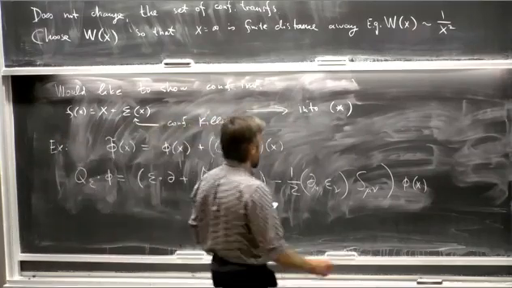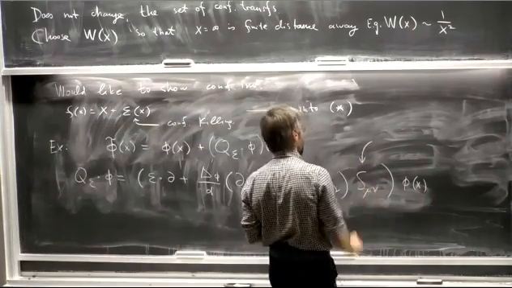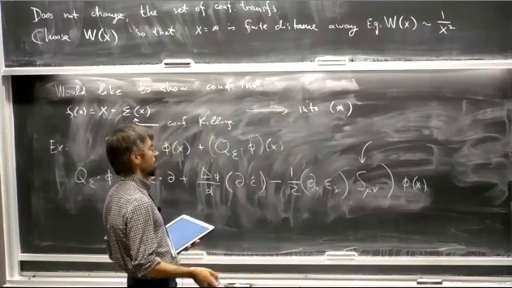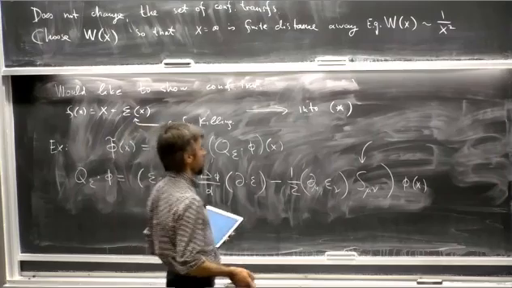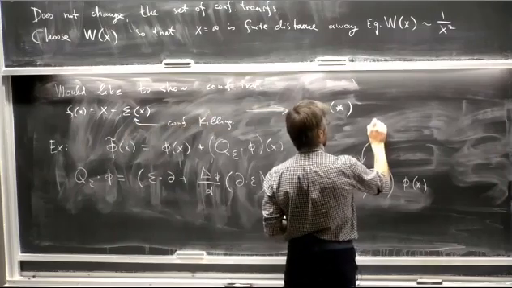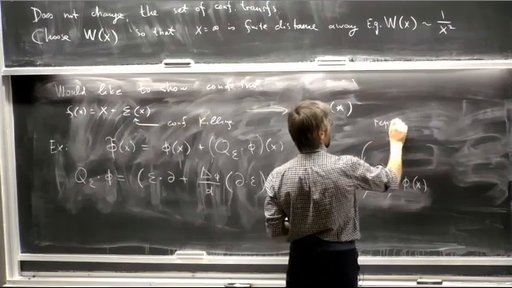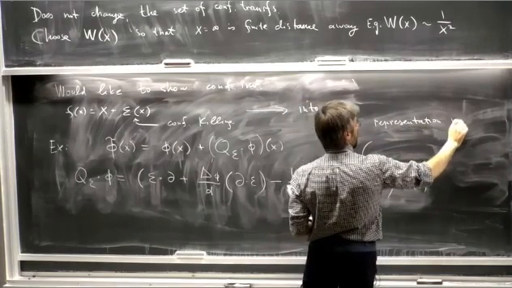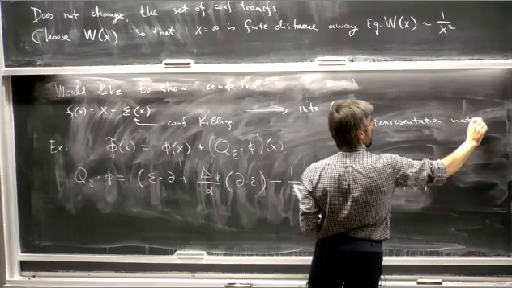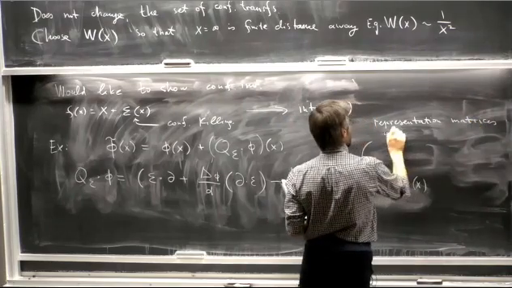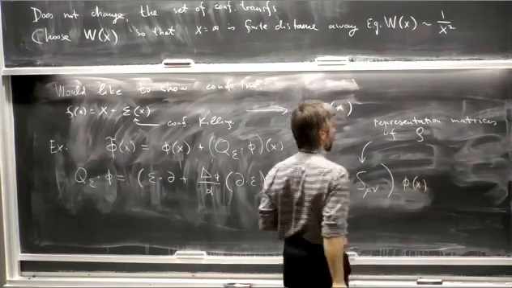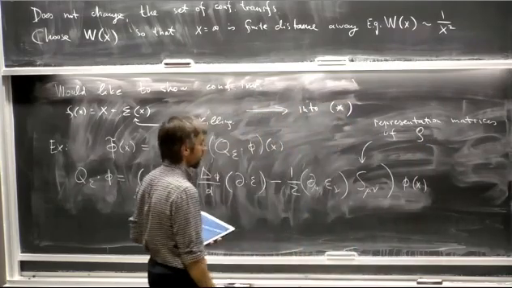So here S mu nu are the matrices of the representation in which phi transforms. So these are representation matrices of the representation rho in which phi transforms.